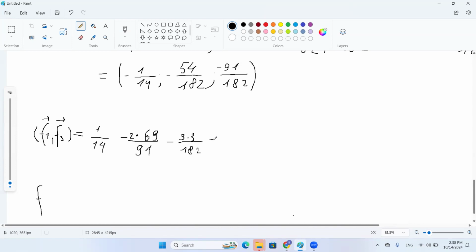If we multiply 91 by 2 and 14 by 13, so here is 13.